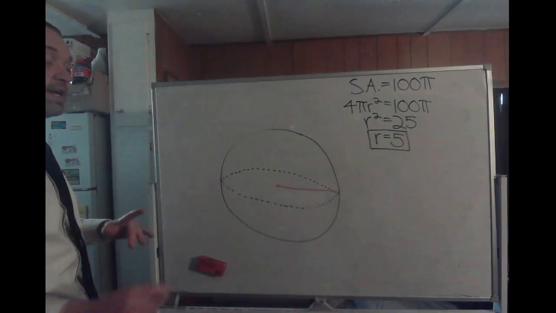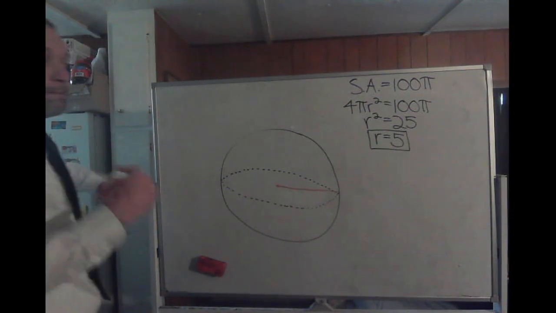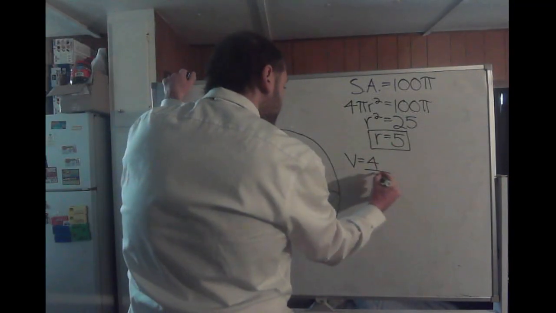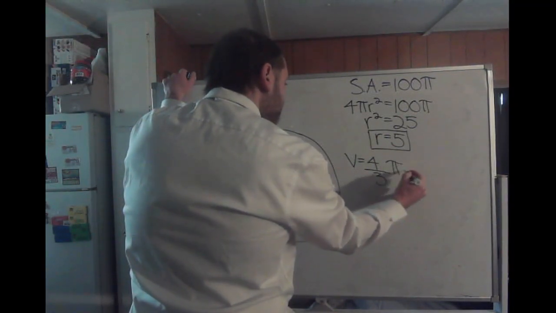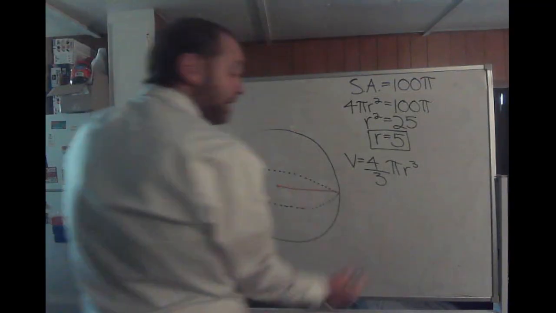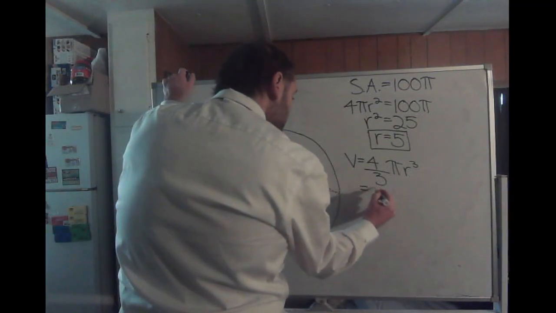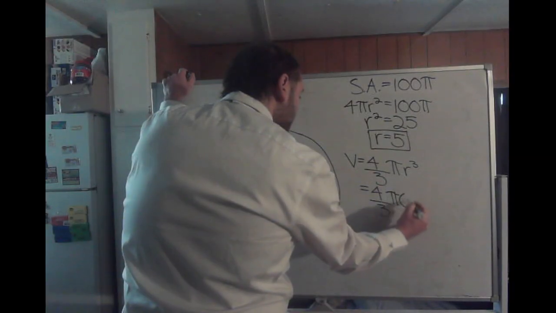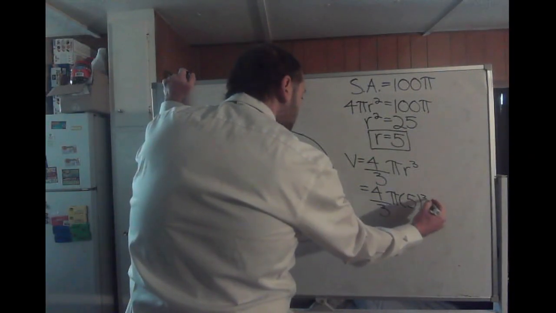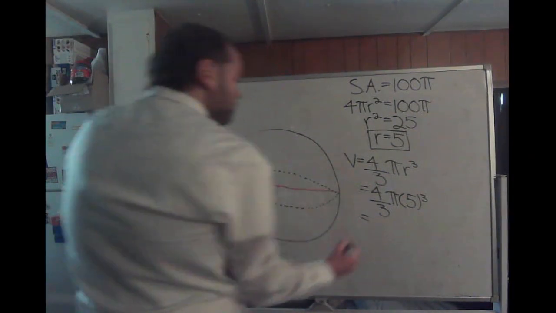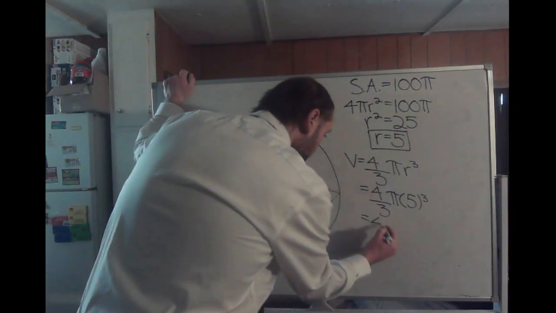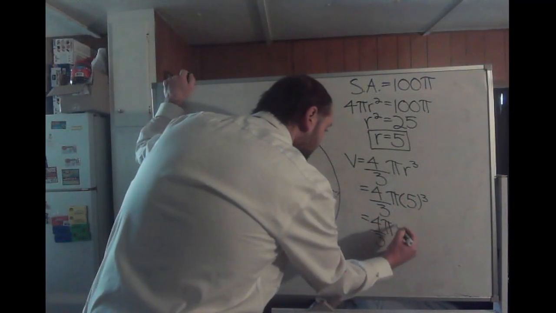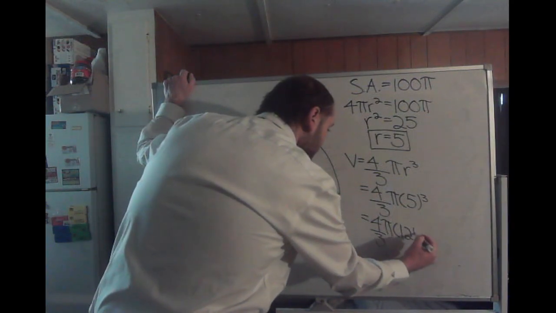Now that we found the radius, we can find the volume. The volume, of course, equals 4 over 3 times pi times that radius to the third power, which would equal 4 over 3 times pi times that radius of 5 to the third power, which of course would equal 4 over 3 times pi times 125.